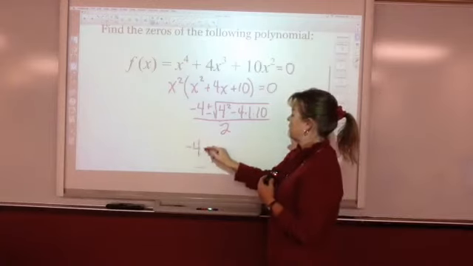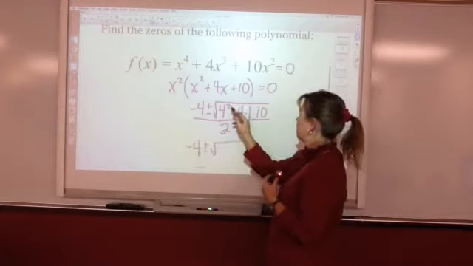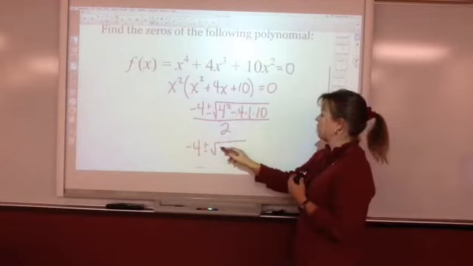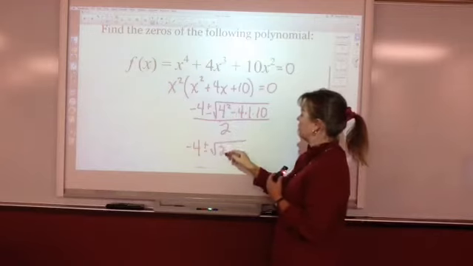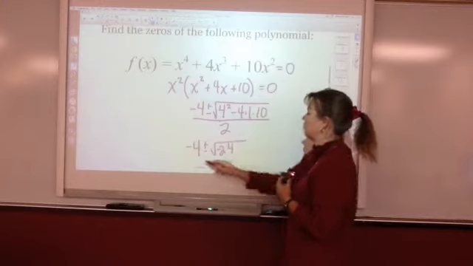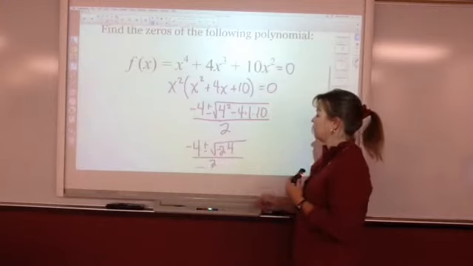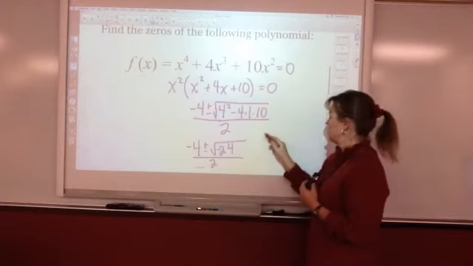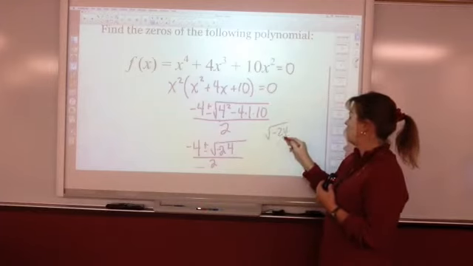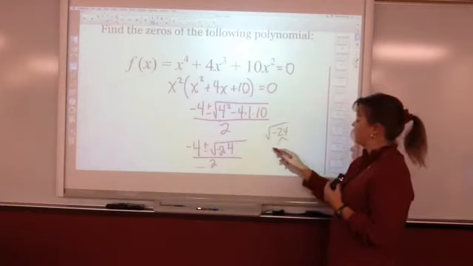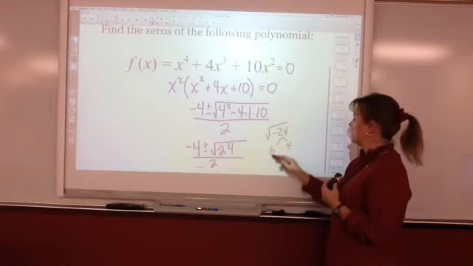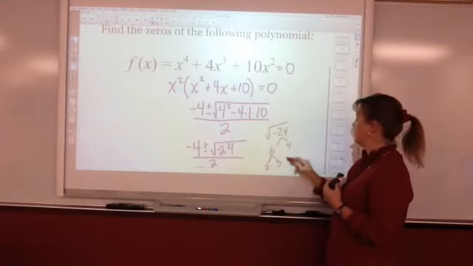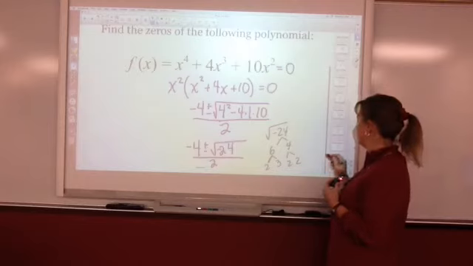Do the discriminant first again. 4 squared is 16. 16 minus 40 is probably about 24, but it's negative. We're going to break down the square root of negative 24. We can do it the long way if you want. 6 times 4, 2 times 3, 2 times 2.